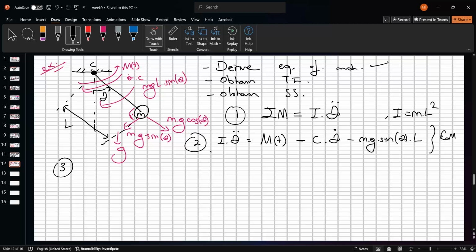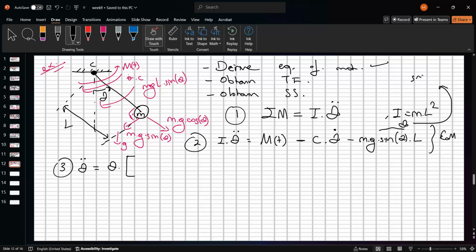In the third place, we need to take this I value, or we should write theta double dot as a single term here. How can we do that? We have the I value here, and sin theta is considered as theta, right? For small angles.